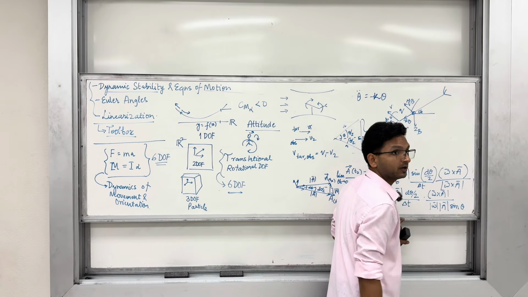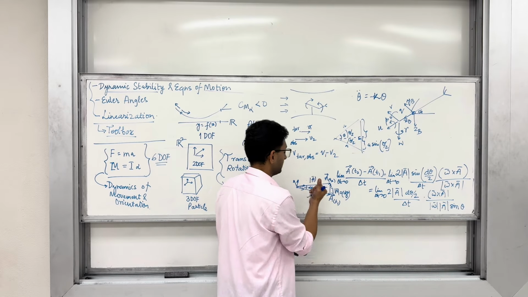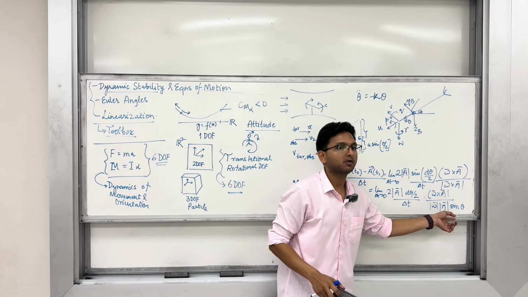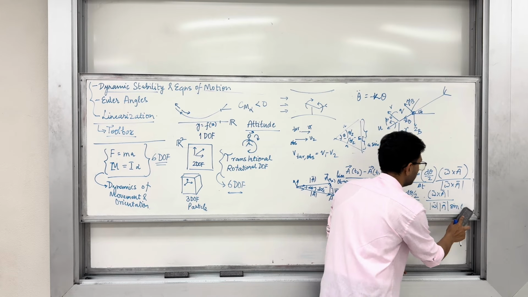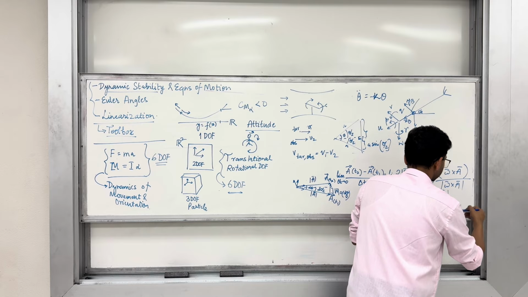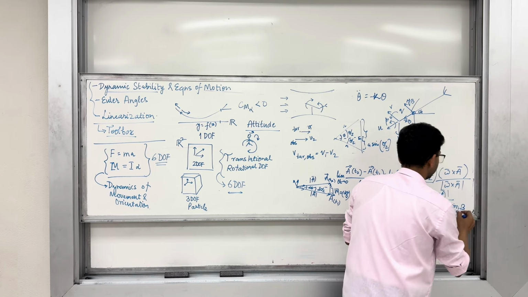Theta is the angle between omega and a. In this very special case, omega and a are perpendicular, so sin theta will come out to be 1. I should actually just call it sin beta. Okay.